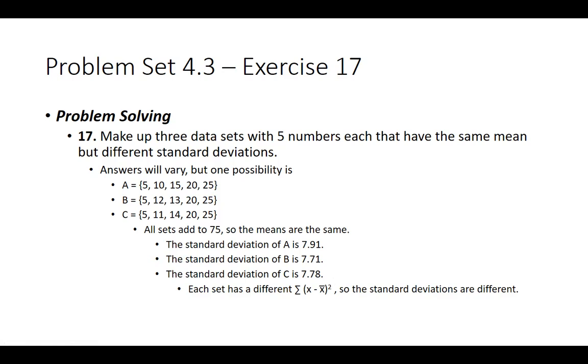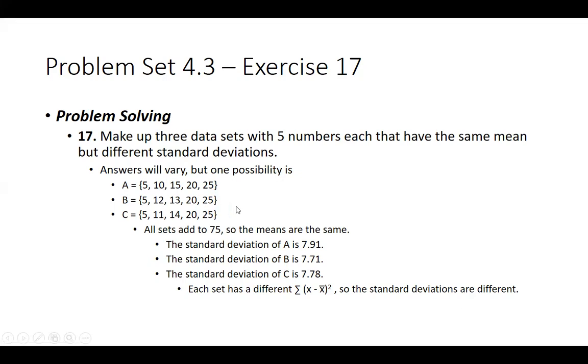How do I know that the standard deviations are all different if we didn't calculate it? Well, each set has a different sum of squares. So the standard deviations are all different.